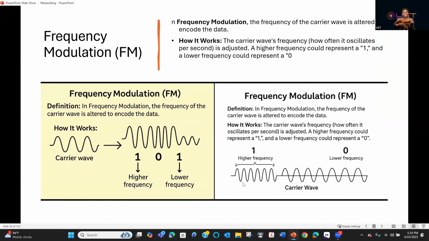It oscillates, and how often it oscillates per second is adjusted. A higher frequency could represent a 1, and a lower frequency could represent a 0. Do you see the higher frequency? But if you look at a 0, that shows you there is a weak signal.